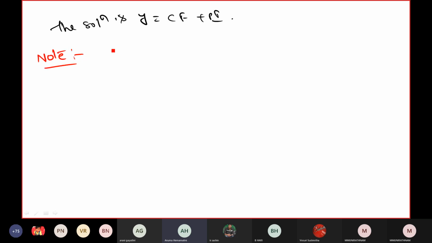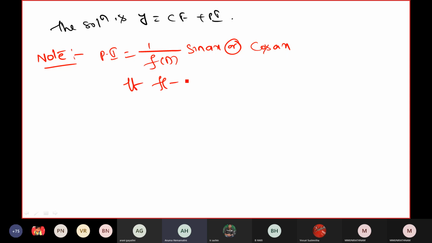0 అయితే ఏం చేస్తామంటే ఓకే నోట్ అమ్మ, PI 1 by f of D into sin ax or cos ax. Okay, if f of minus a square is not equal to 0, then the PI is 1 by f of minus a square sin ax or cos ax.